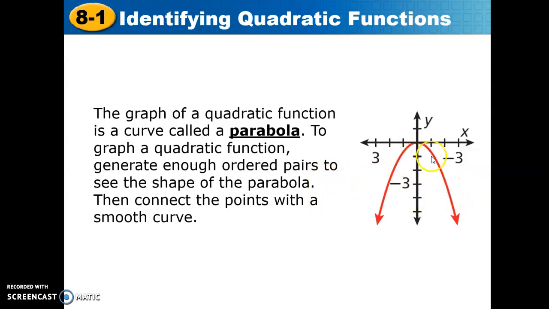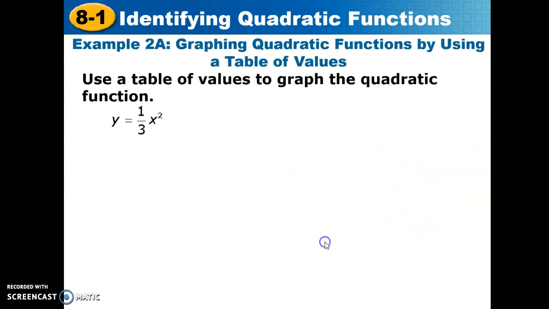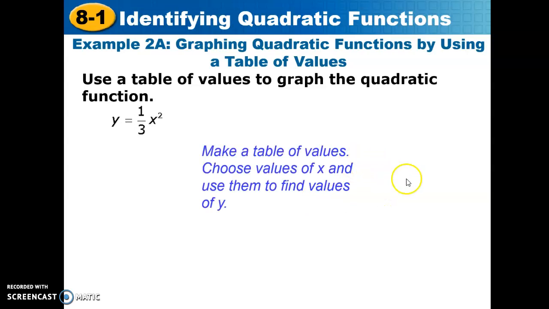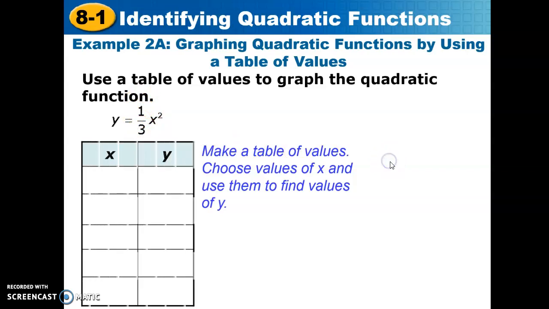If you were to fold this on the y-axis, you would have a symmetrical curve. So if you look at this function, we have y equals 1/3 x squared. We know that this is a quadratic because we have an x squared. Our a is not equal to 0. We're going to pick random points.